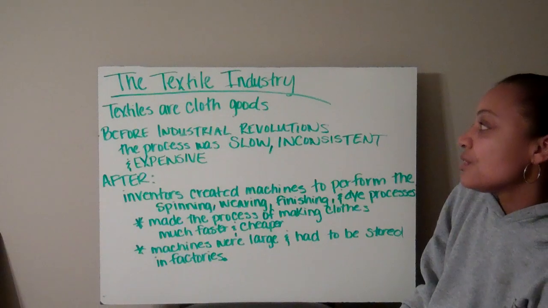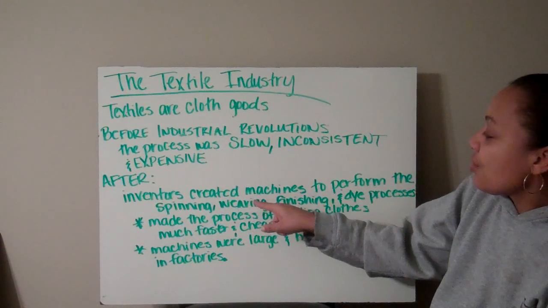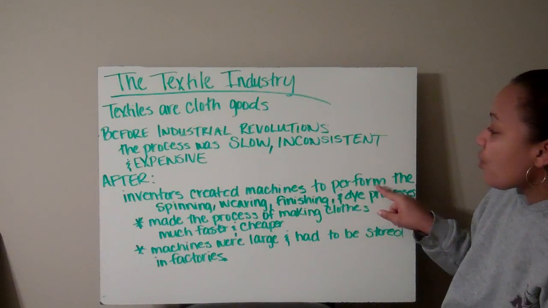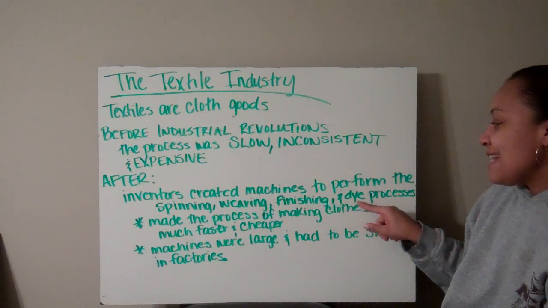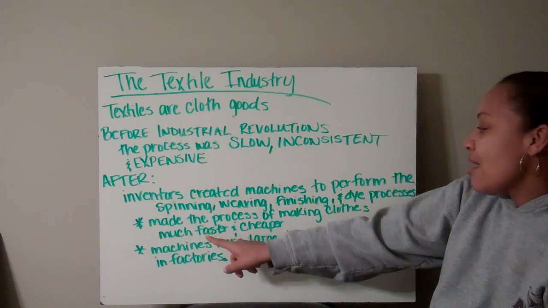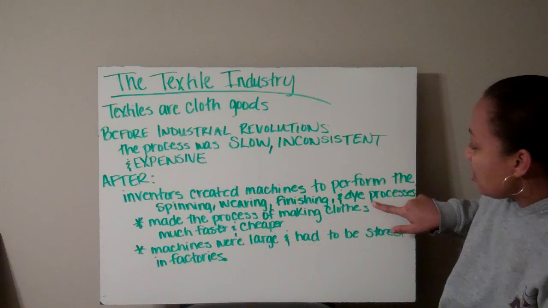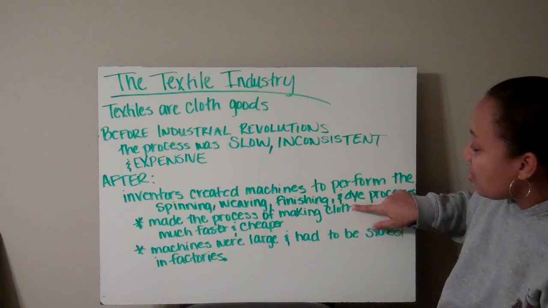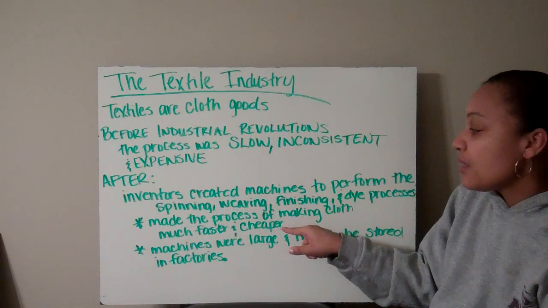So after the textile industry and its revolution, inventors created machines to perform the spinning, the weaving, finishing, and dye process of cloth. This made the process of making cloth much faster and cheaper.